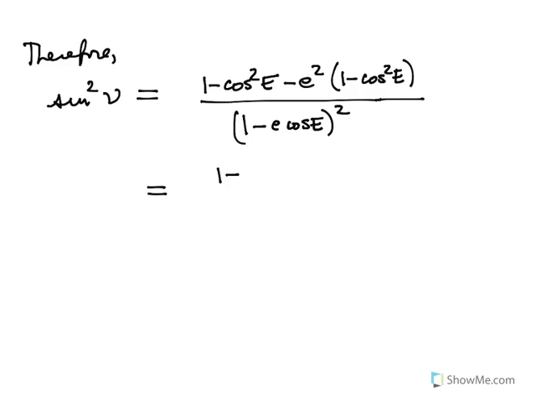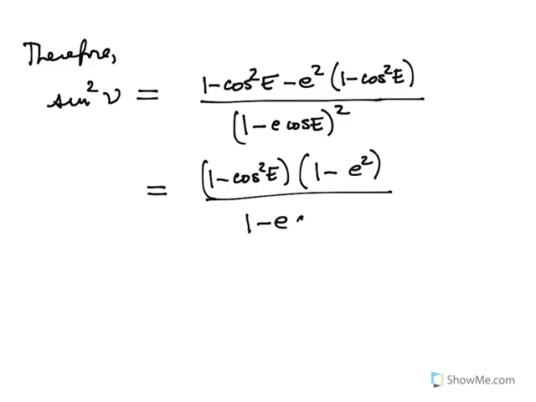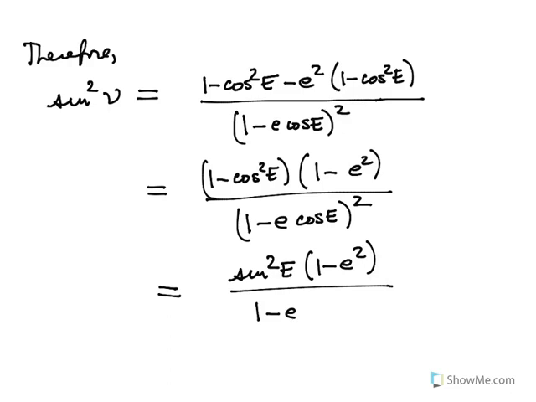Well, let's do it the other way around. 1 minus cosine squared E, this is fine, times 1 minus e squared, all divided by 1 minus e cosine of E, the whole thing squared. Now, 1 minus cosine squared E is just sine squared E. So this equals sine squared E times 1 minus e squared, all divided by 1 minus e cosine of E, squared.